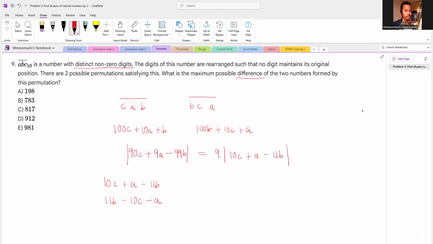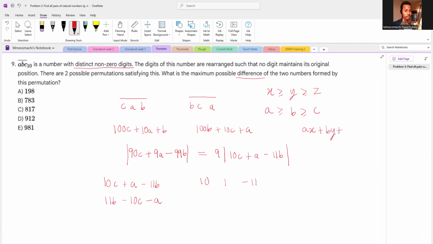In the first case, we have the coefficients in this form: 10, 1, and minus 11. So what does the rearrangement inequality tell us? If you have two sequences, X, Y, Z and A, B, C, and you order them, then if you take them in pairs and multiply them, this is the maximum possible value you can get.